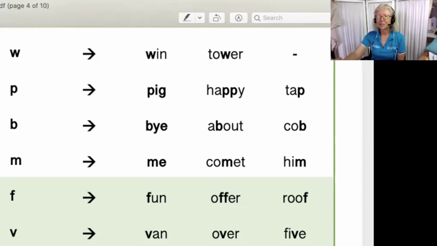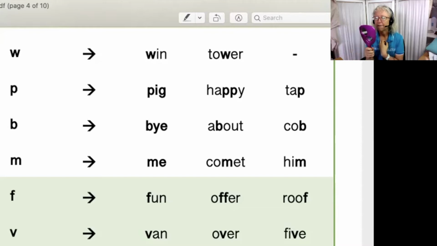Okay, so what I'm going to do now is just put this on pause, and you can go down and continue. Can you have a go with your mirror if you prefer, or you don't have to, and doing f, and thinking about which articulators. Now it's a lip and a teeth.